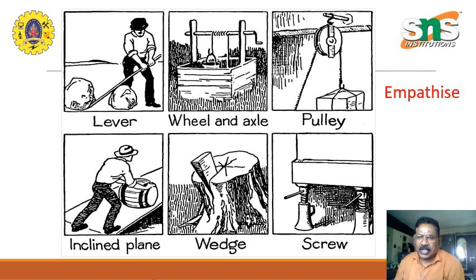A wedge is a sharp piece of element, and when hammered, it breaks open a wooden log. We have also seen items like the screw, for example the bolt and nut, where the screw mechanism is used to lift objects, like a screw jack.